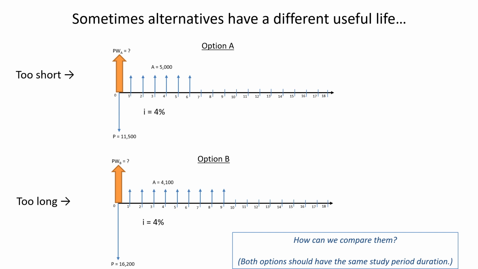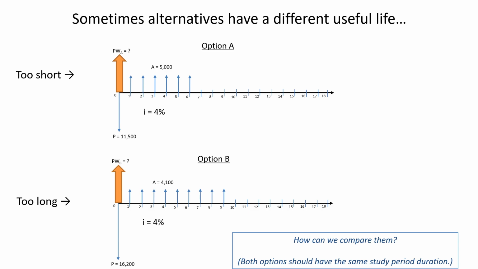Reality says most equipment doesn't last exactly the same duration. Whether it's computer equipment, manufacturing equipment or construction equipment, some things last a long time, some things don't last as long. And anytime you've got options that don't terminate over the same study period, we have to find some way to make it the same before we can apply present worth analysis.